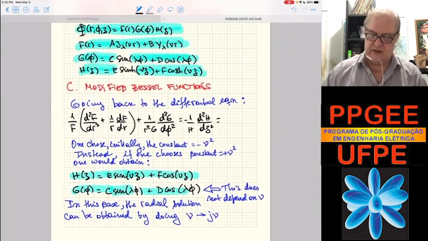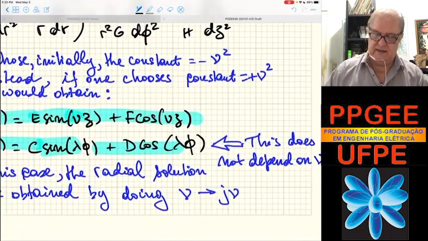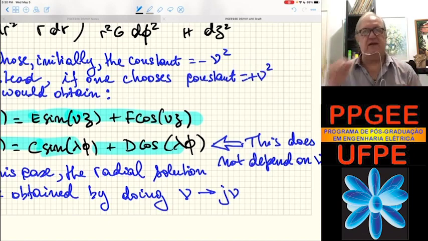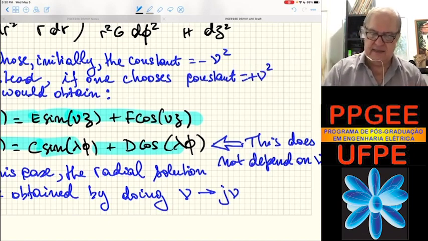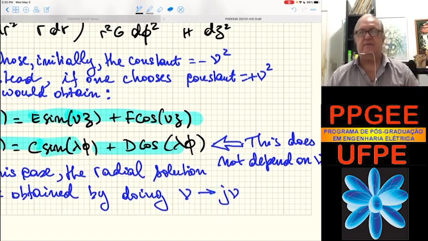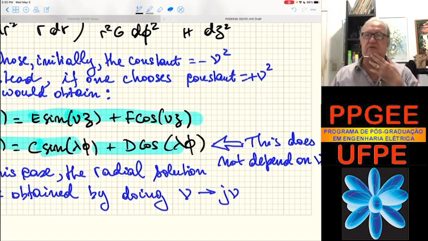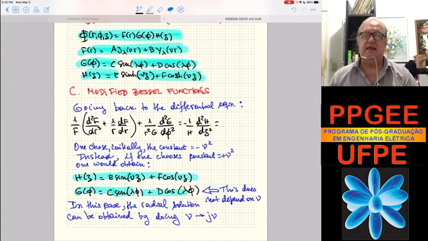Now, the radial solution is going to be obtained by setting nu into j nu, because you change the sign of the square of nu. We are going to have real functions, or at most a real function times a pure imaginary number.